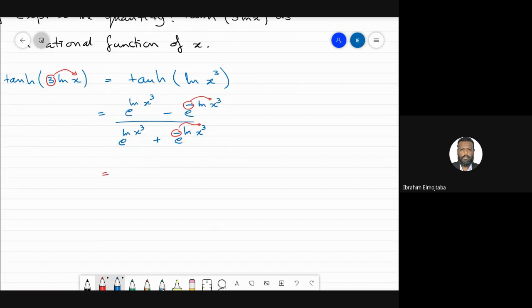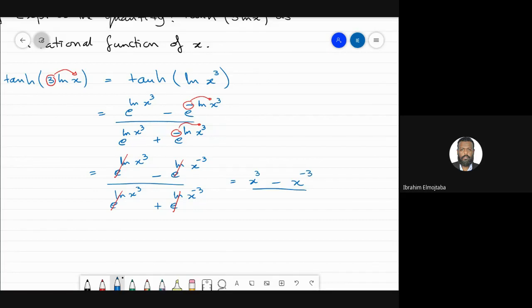So this is going to be e to the power ln x to the power 3 minus e to the power ln x power minus 3 over e to the power ln x to the power 3 plus e to the power ln x power minus 3. طبعا again e and ln will cancel and we should have x power 3 minus x to the power minus 3 over x power 3 plus x to the power minus 3.